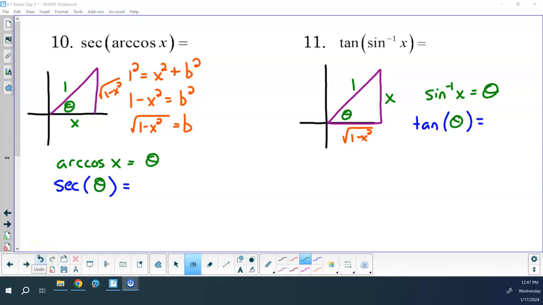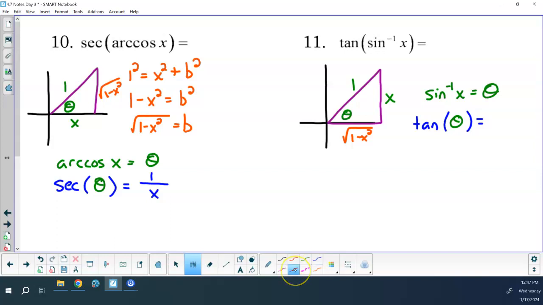The nice thing about both of these triangles is you only have to do one Pythagorean theorem. You just have to change the position of it for the second. So secant is the reciprocal of cosine. Cosine is adjacent over hypotenuse, so secant would be hypotenuse over adjacent.